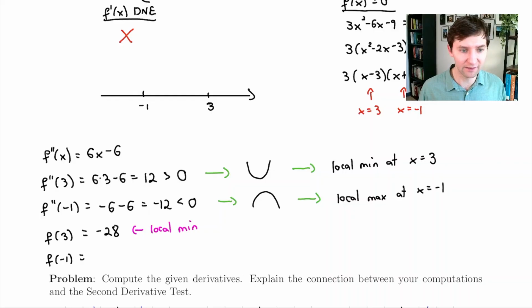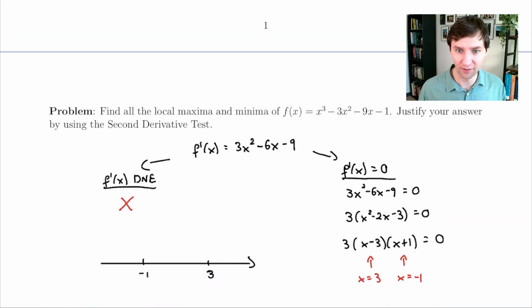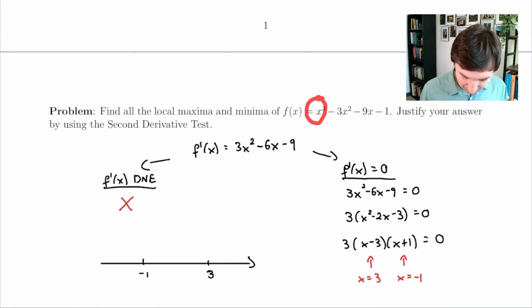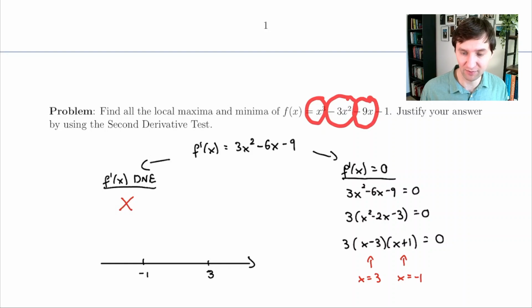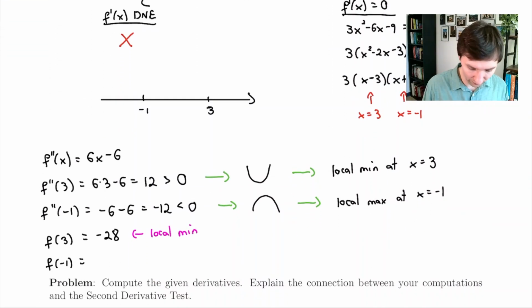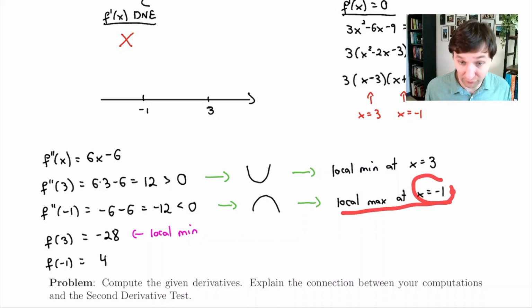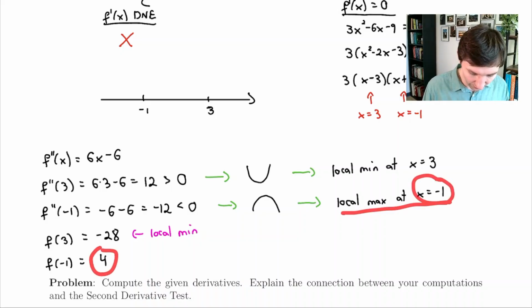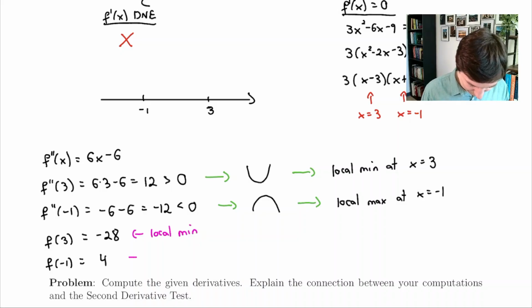When I plug -1 into my function, I will get -1 minus 3, that gives me -4. Then I will have plus 9, that gives me 5, minus 1, that gives me 4. And I get 4. I knew, thanks to the second derivative test, that I got a local maximum at x equal to -1, which means 4 is my local max.